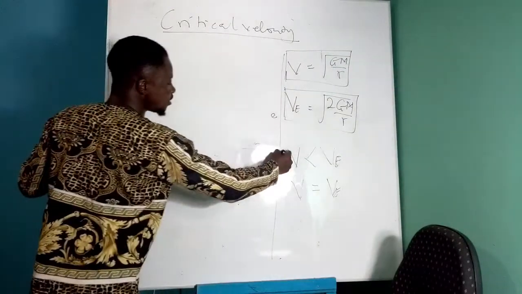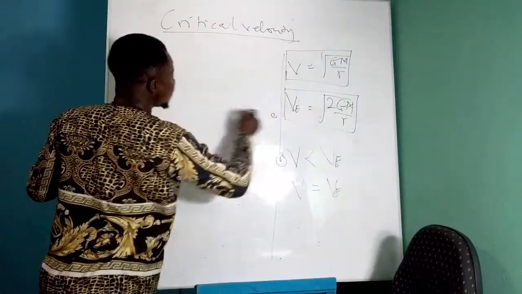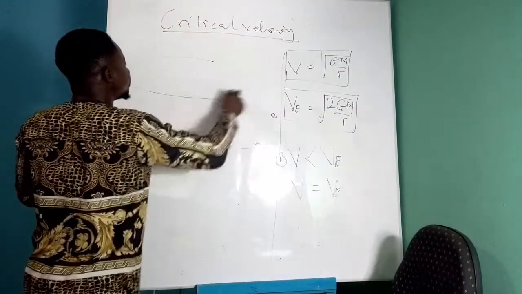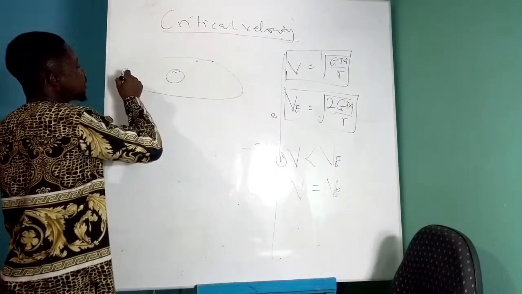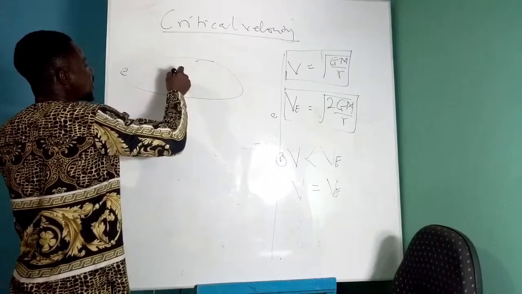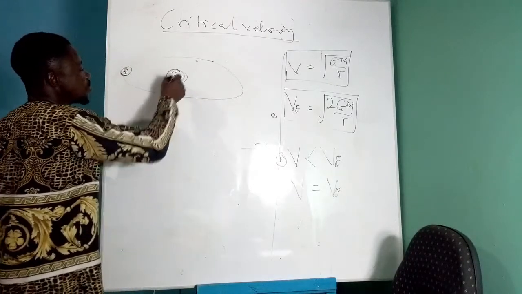In the first case, when the critical velocity is less than the escape velocity, then the satellite will move on an elliptical orbit around the planet. This is the satellite. This is the Earth or the planet.